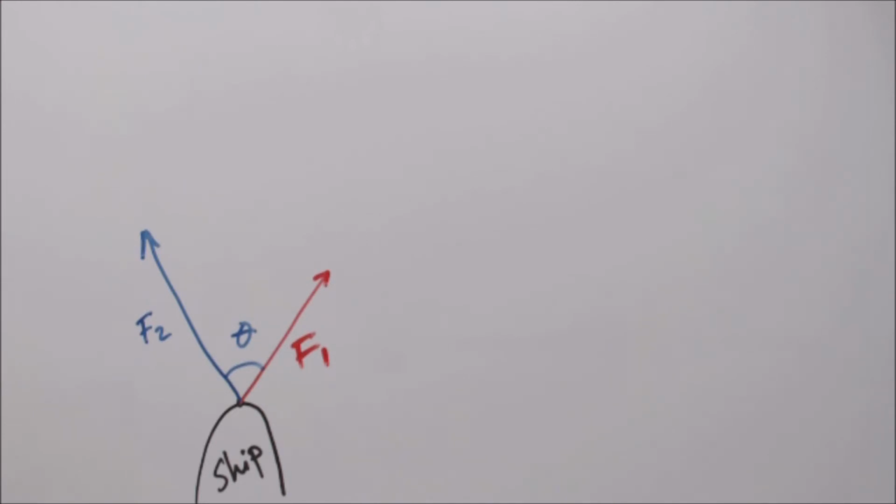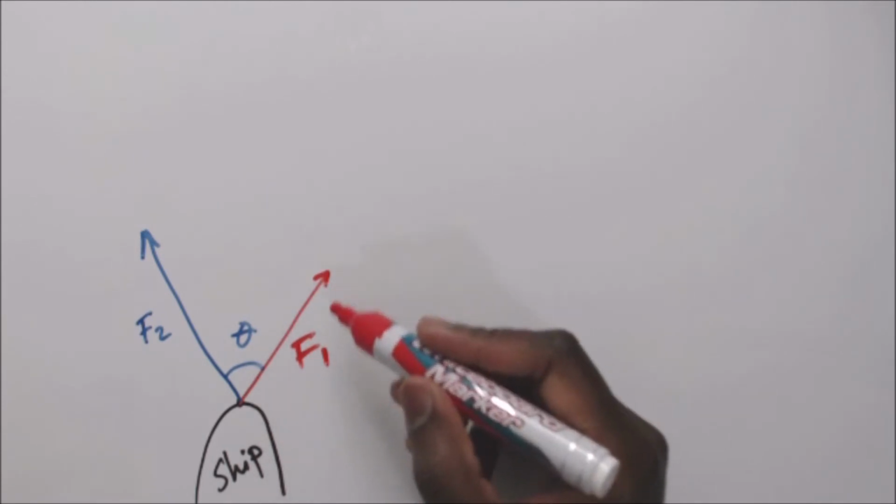The rule that we use to add vectors graphically, and these forces are vectors, is that we can move any one of the forces so that the head of one force then meets the tail of the other. So I'm going to start off by moving the red force, F1.